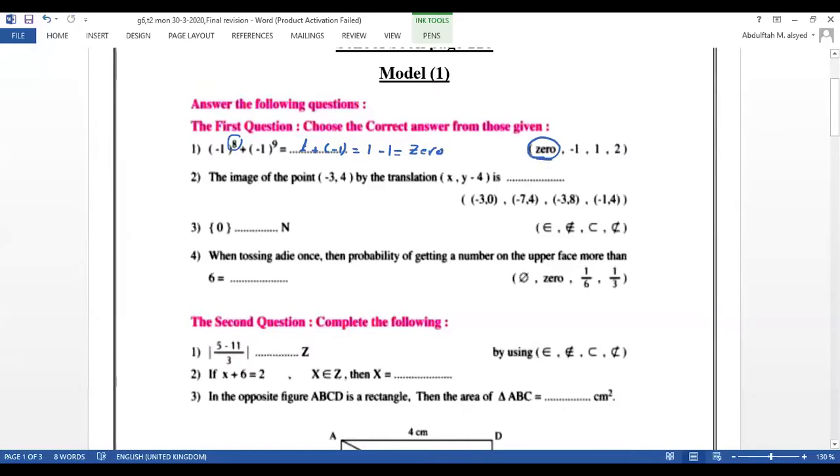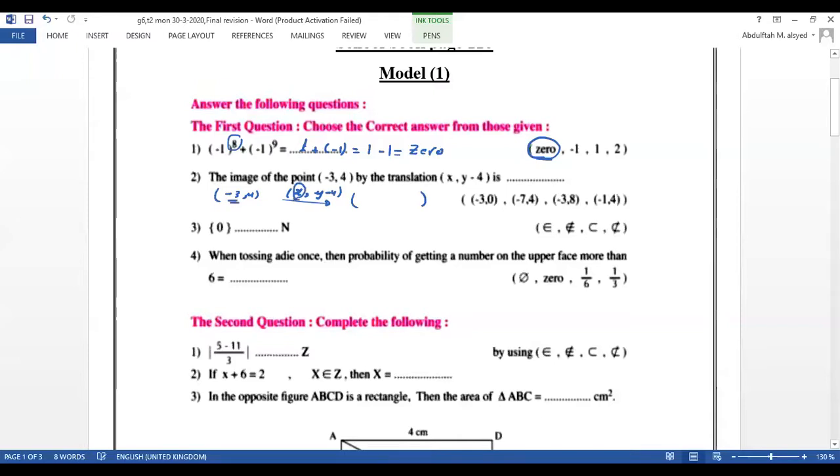Now, the image of the point negative 3 and 4 by the translation x, y minus 4. As you know, this is the original point, and by adding we find the image. So the point is negative 3, 4, and the translation is x plus 0, y minus 4, because this is y only.